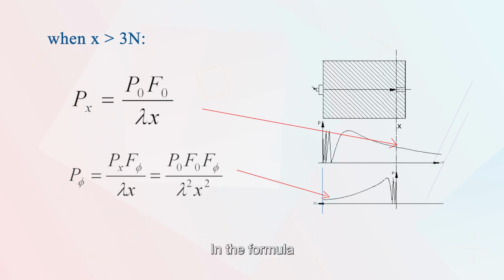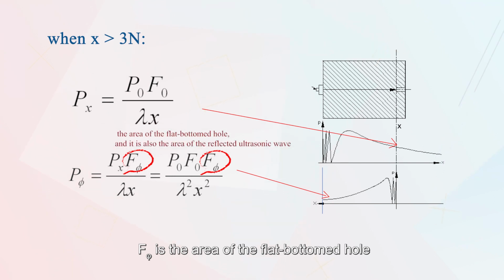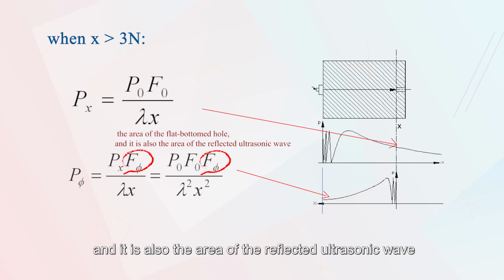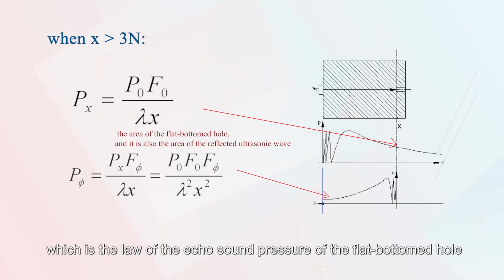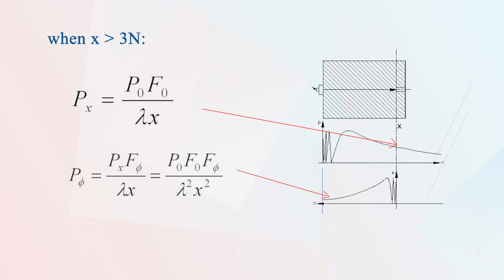In the formula, F phi is the area of the flat-bottomed hole, and it is also the area of the reflected ultrasonic wave. This is the law of the echo sound pressure of the flat-bottomed hole.